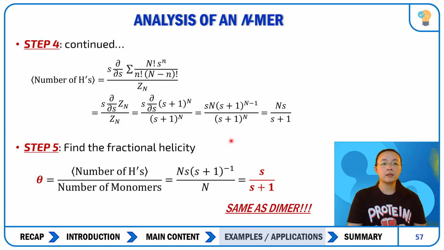So if we want to find the fractional helicity, it is the number of H's divided by the number of monomers. That's this term divided by n, which ends up being s over s plus 1. And this is great because the value is the exact same as for a dimer, and we can assume that the fractional helicity is going to be s over s plus 1 for any polymer that we have.